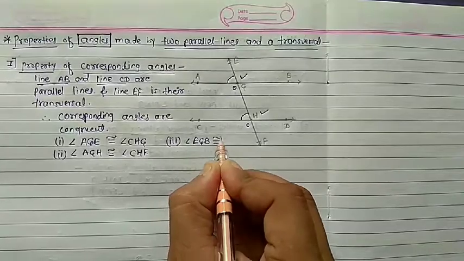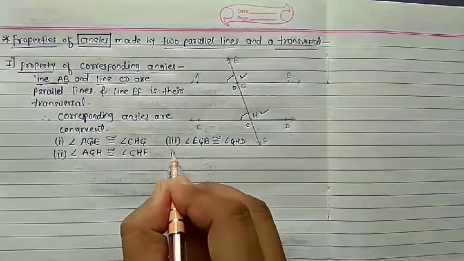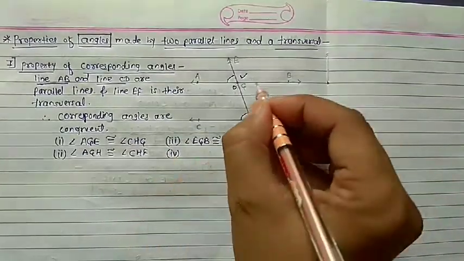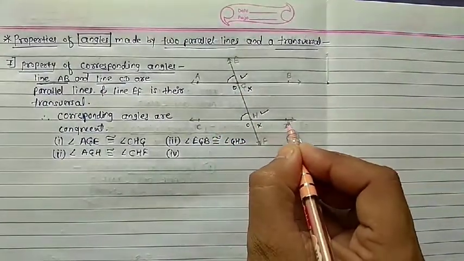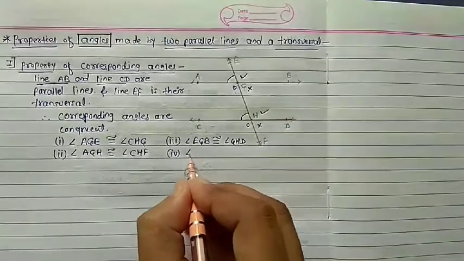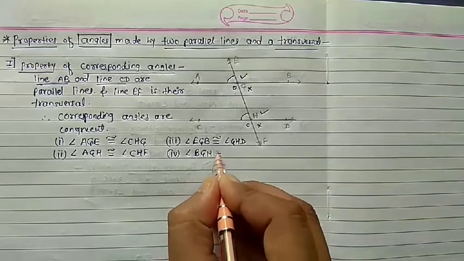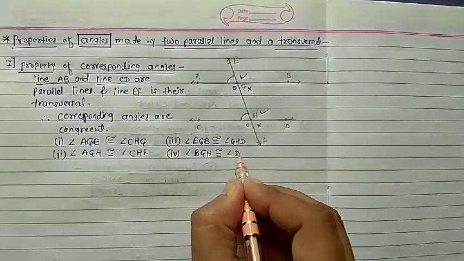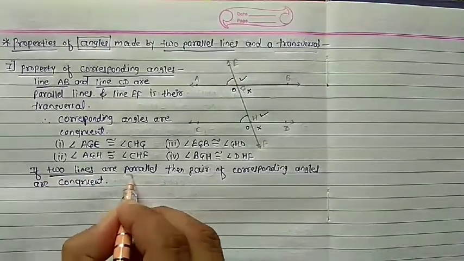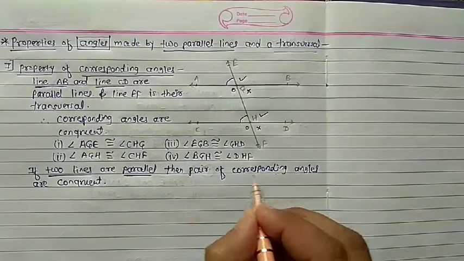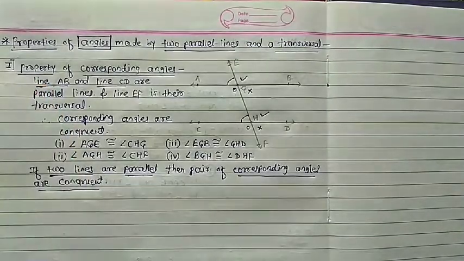And the fourth and last pair: angle BGH is congruent to angle DHF. So it means if two lines are parallel, then the pairs of corresponding angles are congruent. So this is our first property.